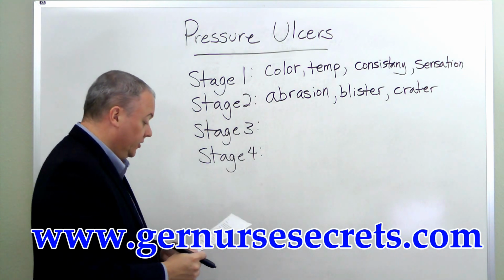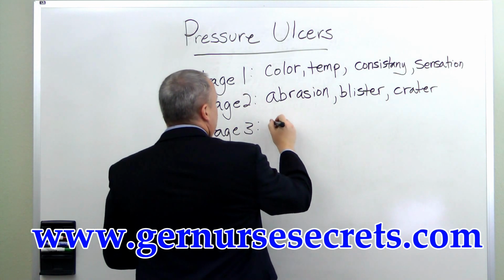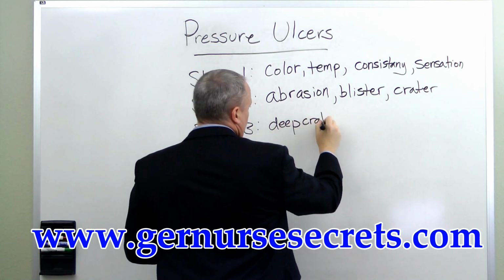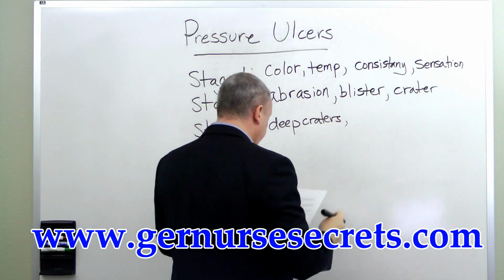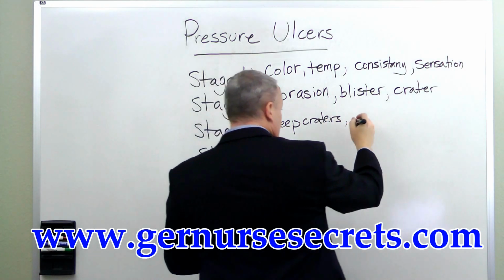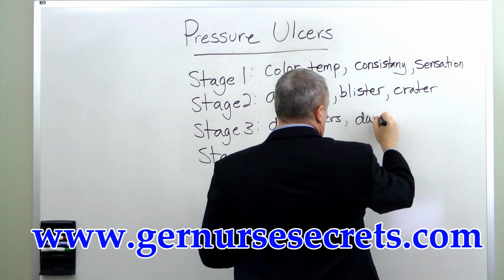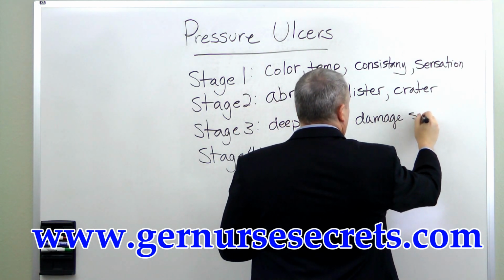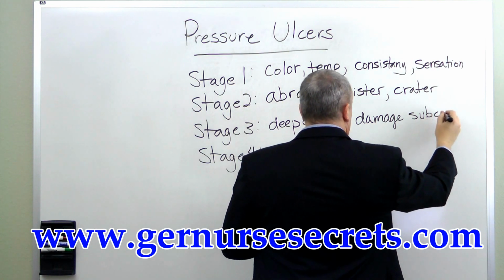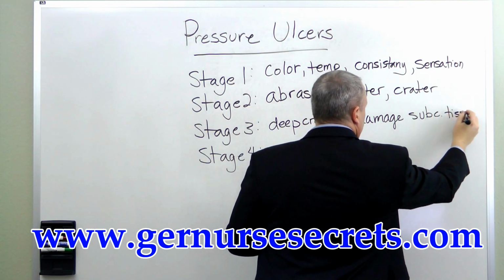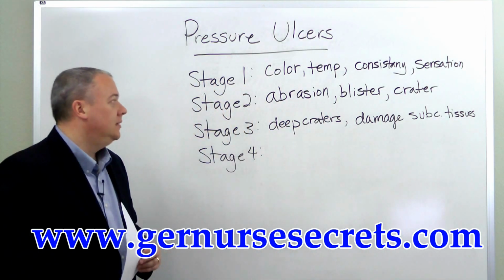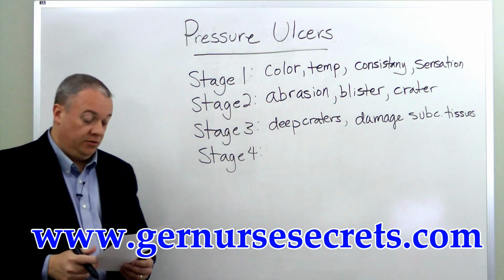Stage 3 ulcers are noticeable by deep craters and there is damage to the subcutaneous tissues. Deep crater and observable damage to the subcutaneous tissues.